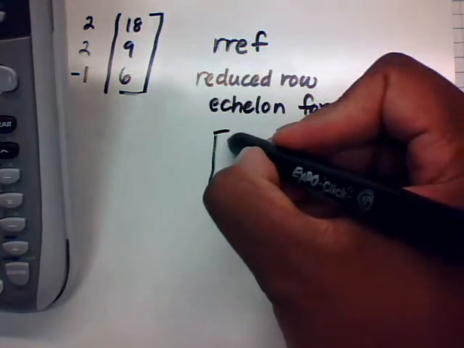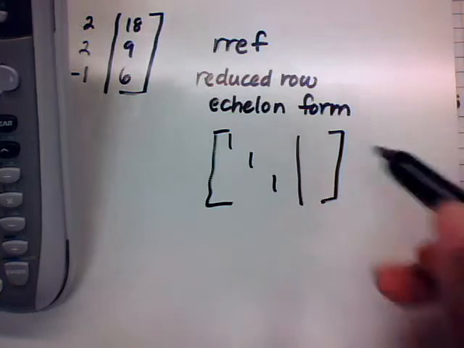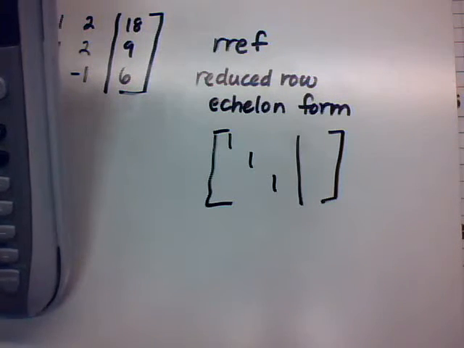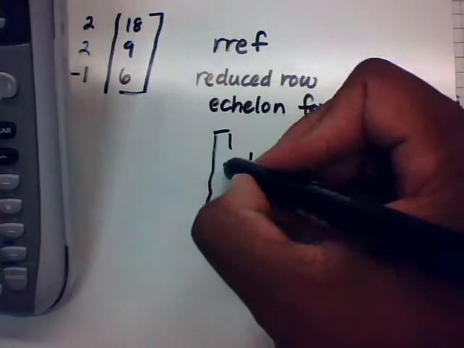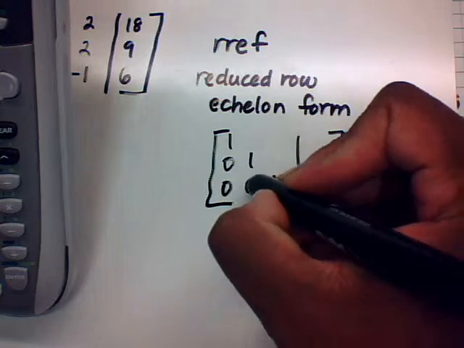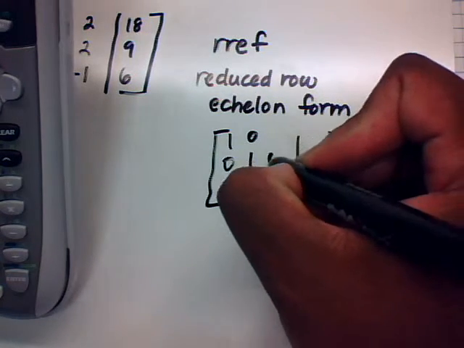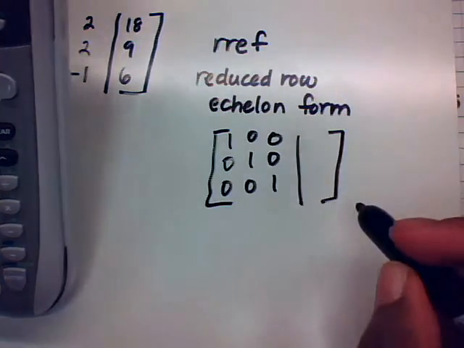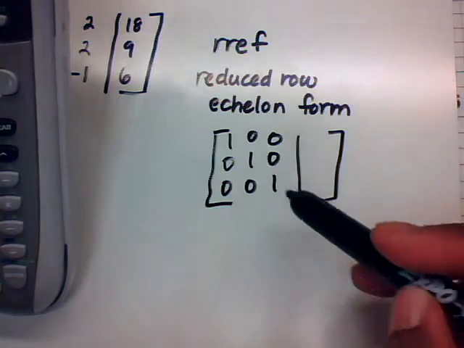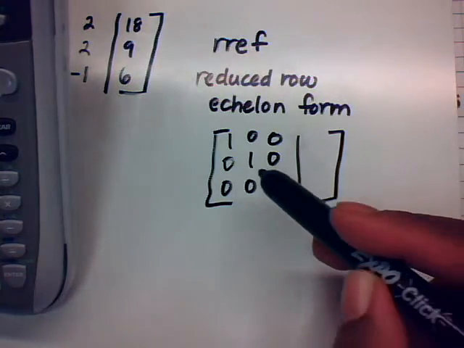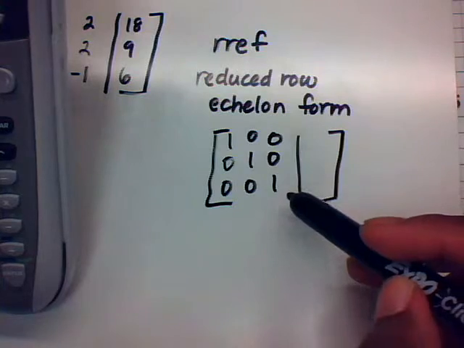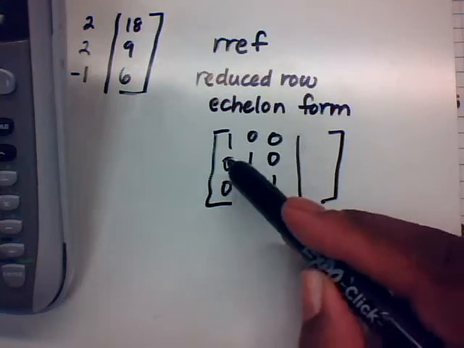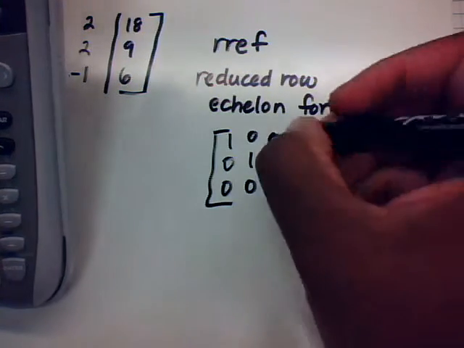With reduced row echelon form, you'll have ones along the main diagonal, but you can have zeros below the ones and zeros above the ones. That's what we mean by reduced row echelon form. Ones along the main diagonal, zeros above and below those ones.